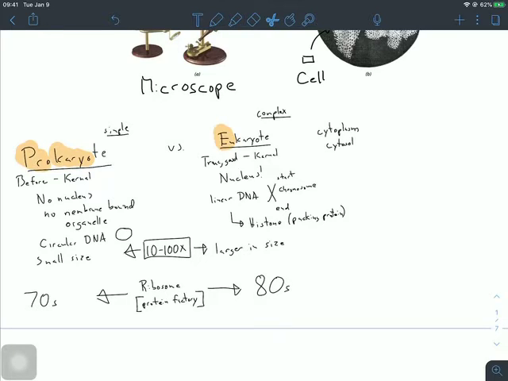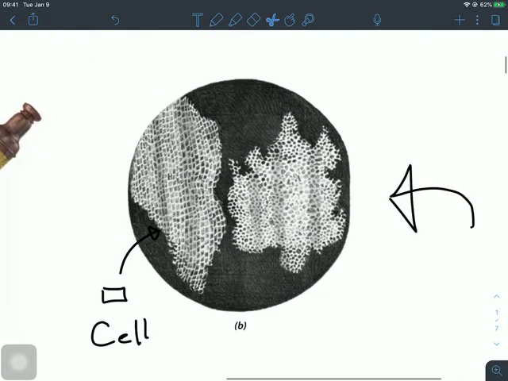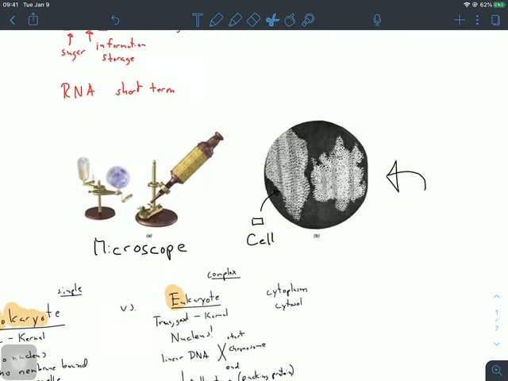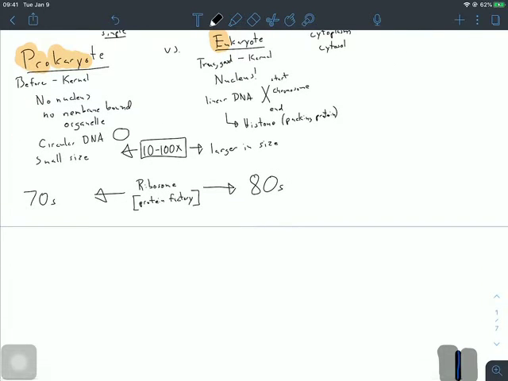They have linear DNA organized in chromosomes, with histones helping wrap that DNA. They have much larger size in general. These cells that Hooke was looking at were all eukaryotic cells, much, much bigger. And their ribosomes are bigger as well, with the size of 80S.